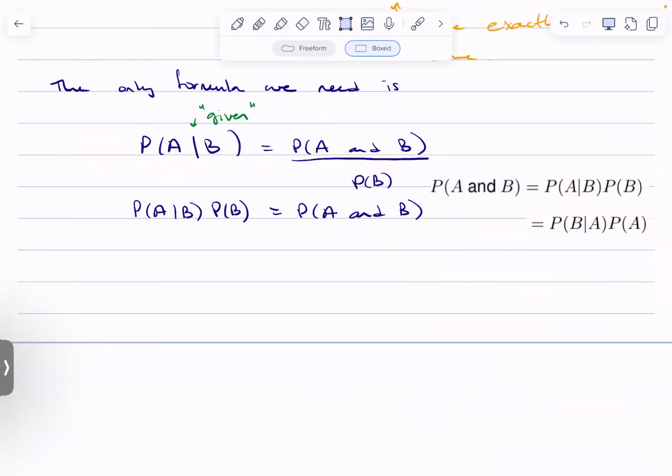Is the probability of A and B going to be the same as the probability of B and A? Doesn't matter, right?